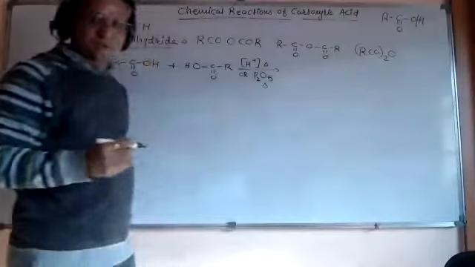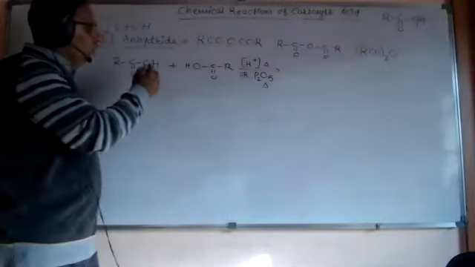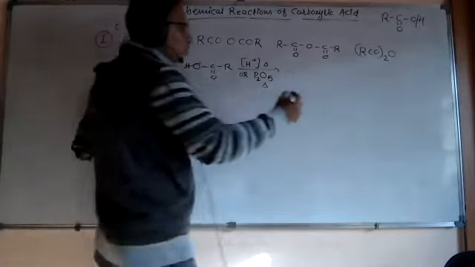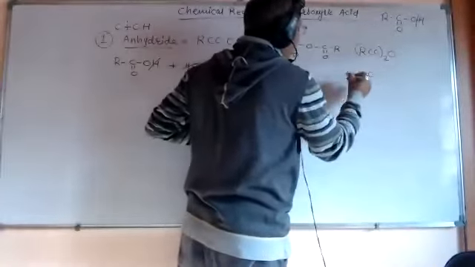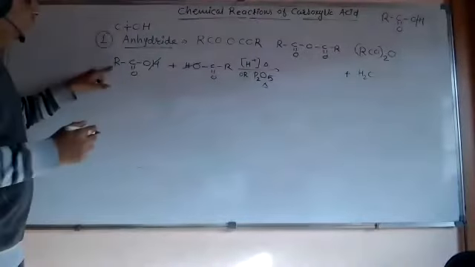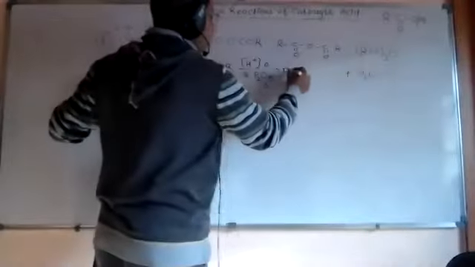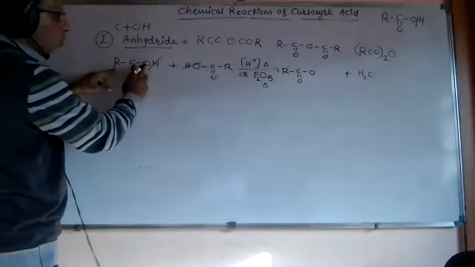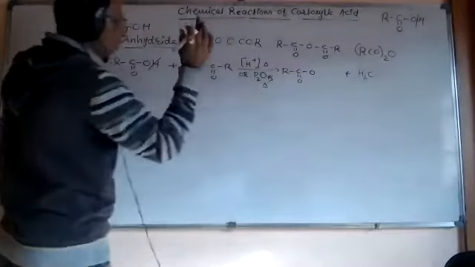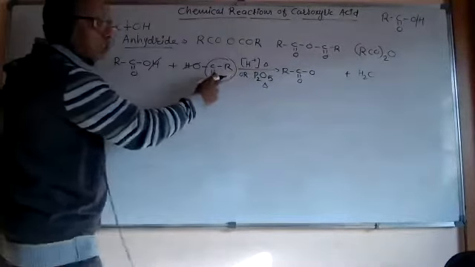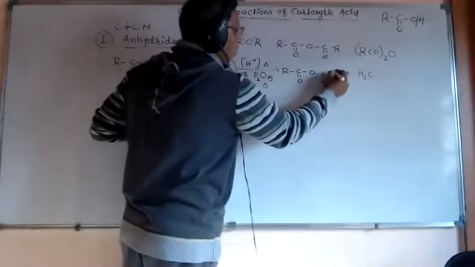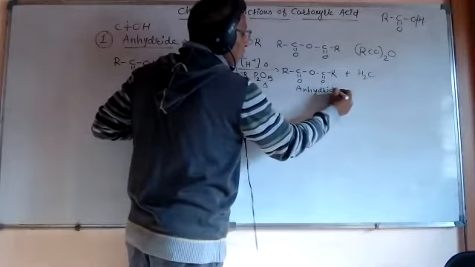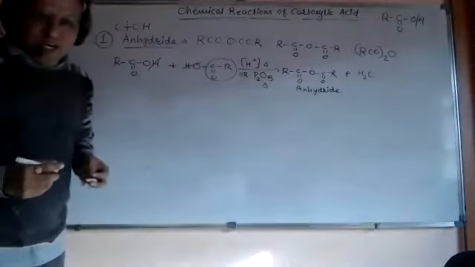And friends, what happened? It's a simple reaction in which H from here and OH from here, so the water molecule will be removed. What is left part? The left part you can see here is RCOO, and then the other part will be joined here to give us the anhydride product. So this is the reaction by which we can obtain anhydride.